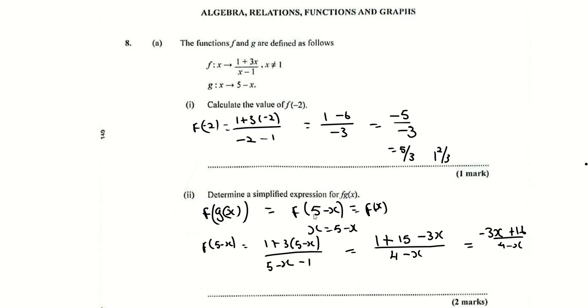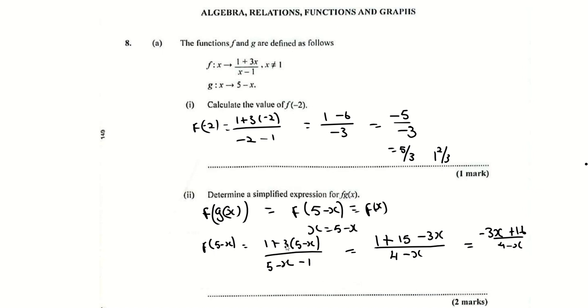So I have f of 5 minus x, and I compare it with f of x, the function, and I can see that in my brackets, the value of x is now 5 minus x. So wherever I see x in my f of x equation, I'm going to put 5 minus x. So it will be 1 plus 3 by 5 minus x over 5 minus x minus 1, right?